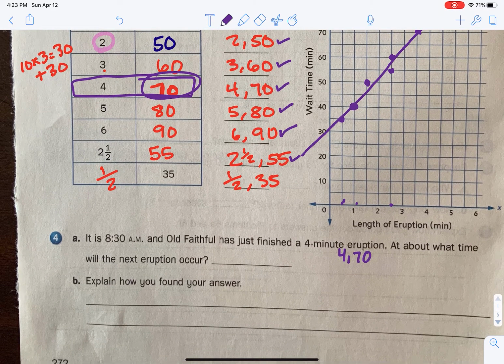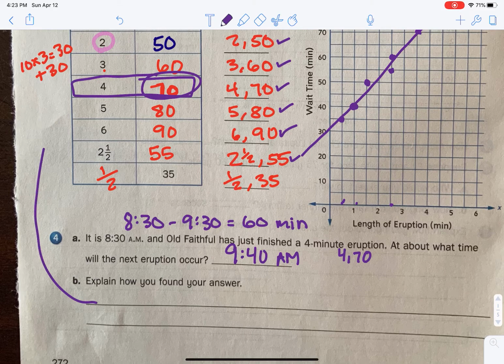So if we're thinking 8:30 plus 70, we can think 8:30 to 9:30 is 60 minutes. And so if we add 10 more minutes on, it will be 9:40 a.m. Explain how you found your answer. Well, you can draw a line up to this table.